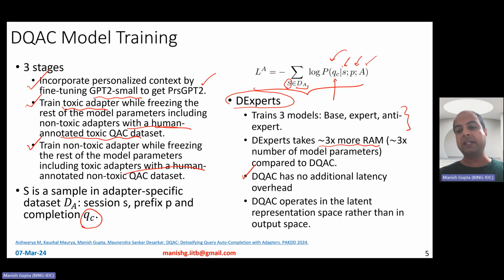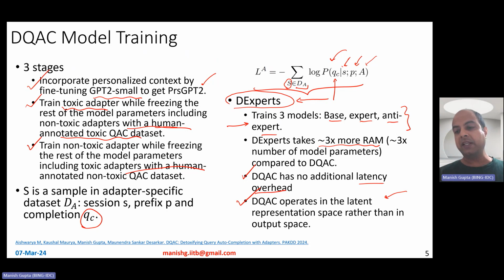DQAC also has no additional latency overhead. Since DExperts has three different models, you have additional latency in terms of doing inference over three different models. DQAC also operates in the latent representation space rather than in the output space. The way DExperts generates the output is that it passes the input to each of these three different models, and then finally at decoding time at the output layer, it does a combination or an ensemble of the outputs coming from these three models.